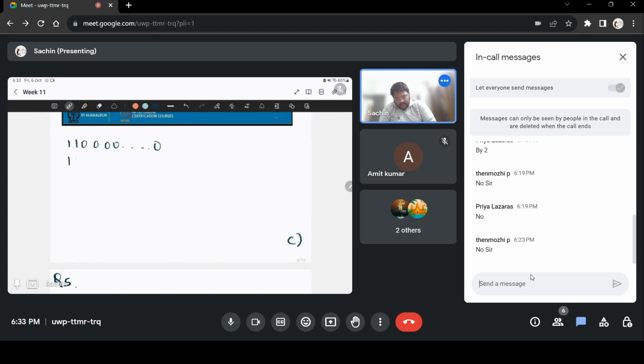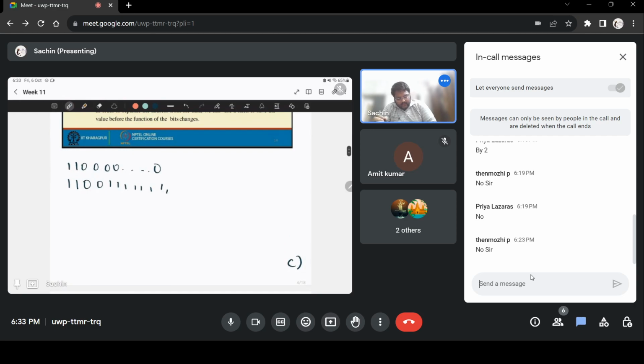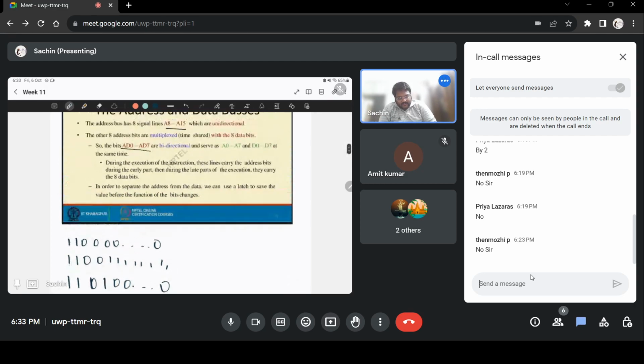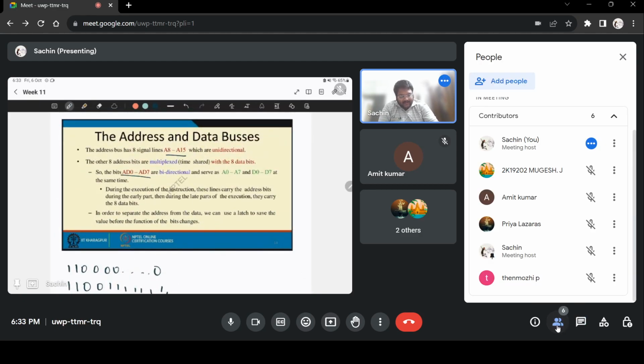And then this can go up to 110, 0, and these will go up to 1111. Then the next number will be 1101, 0, 0, 0 to 110, 1, 1, 1, 1, 1. This is the range of address bits that you can have, right? I'm not sure if you are following me or not. Somebody should tell me if that's okay.